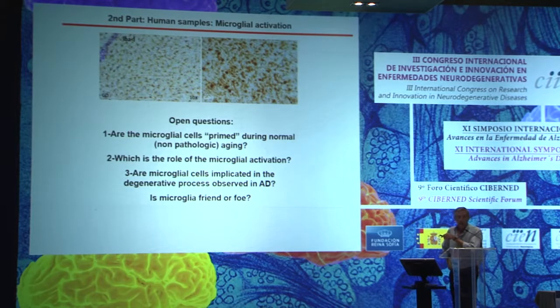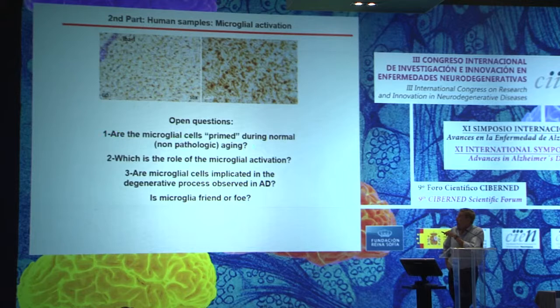These human samples come as a gift from Dr. Ferrer and Dr. Rábano. And there are many open questions about the microglial response in Alzheimer's disease. Some of them are in this picture.